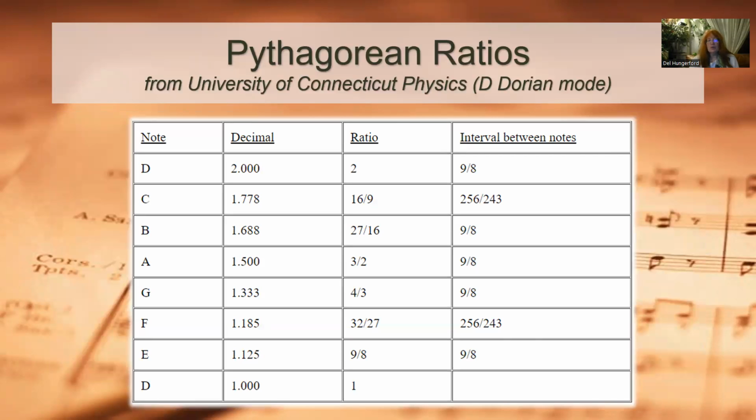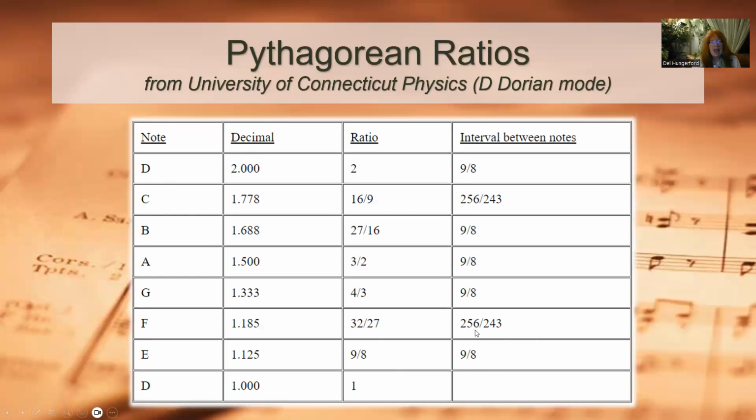Pythagorean ratios. This is what they look like. This is as simple as it gets. This is the Dorian mode. You'll notice at the bottom you have D, E, F, G, A, B, C, and D. This is the decimal, this is the ratio, and this is the interval distance between notes.